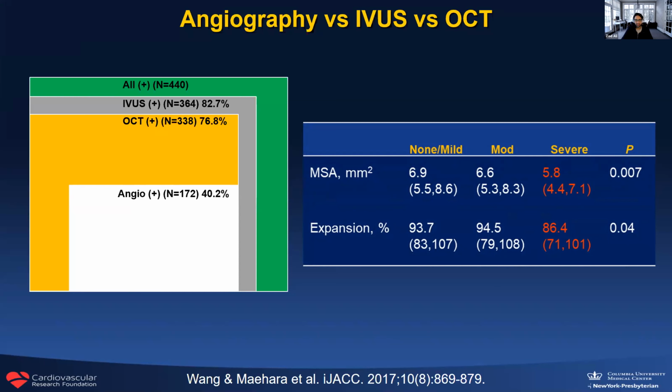So what that means is that the sensitivity of OCT and IVUS to pick up calcium is superior to angiography, but the specificity of angiography is actually very, very high. And the reason that's important is because from this paper, only those patients who had severe angiographic calcification had an impact on minimal stent area and expansion.